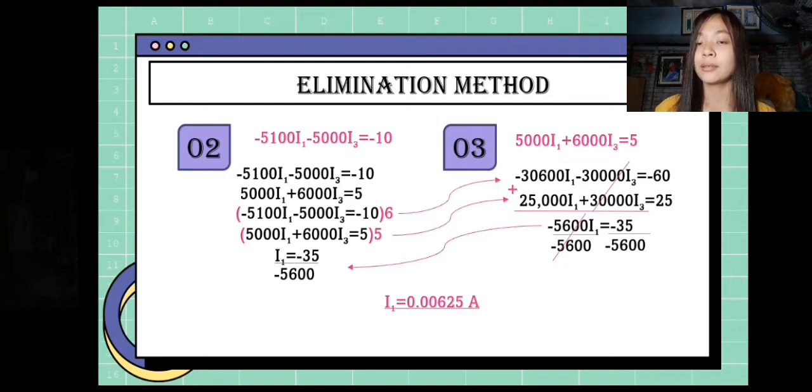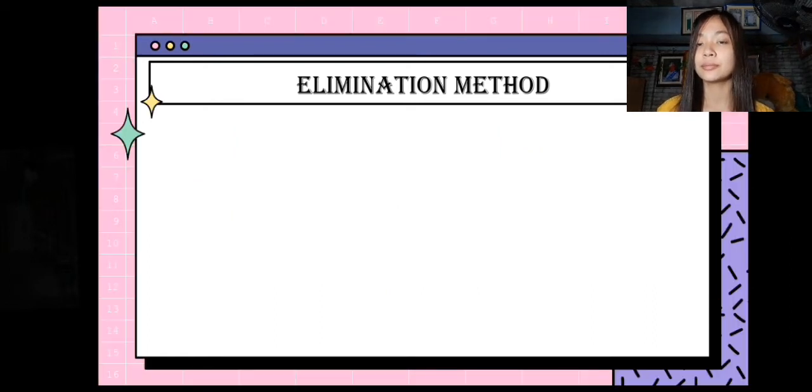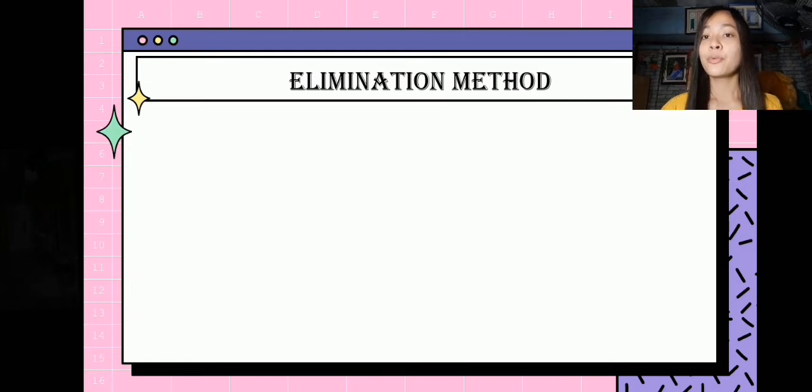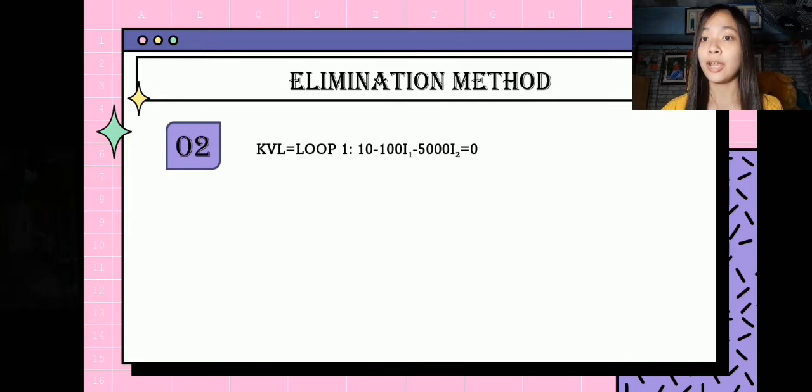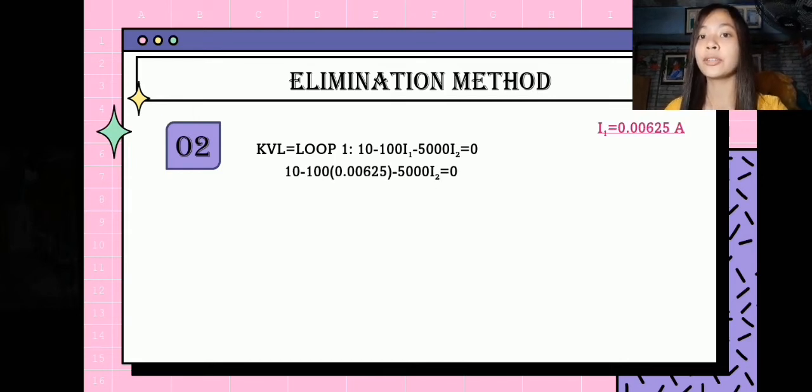And the next thing we will look for is I2. In getting I2, we will use loop 1, substituting the given I1, so 10 minus 100 times 0.00625 minus 5,000 I2 is equal to 0.